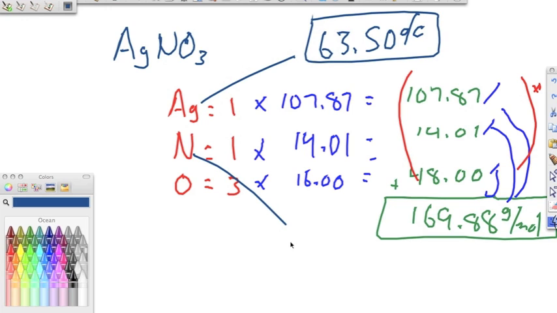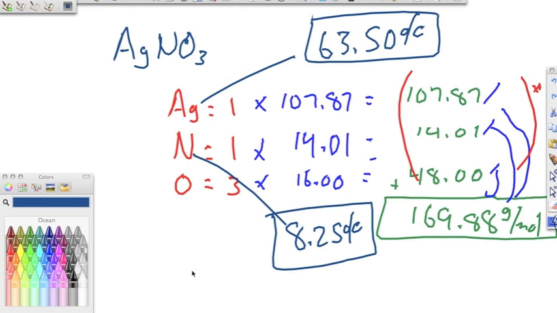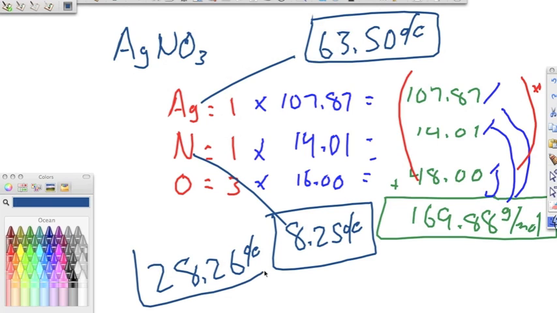Nitrogen is going to have a percent of 8.25. And good old oxygen is going to have a percent of 28.26. Guys, remember that all percents should add up to right around 100%. We could be off a little bit just by some rounding.